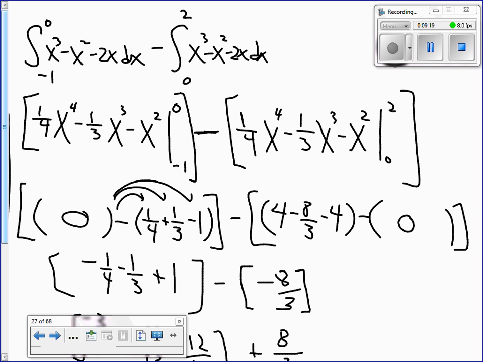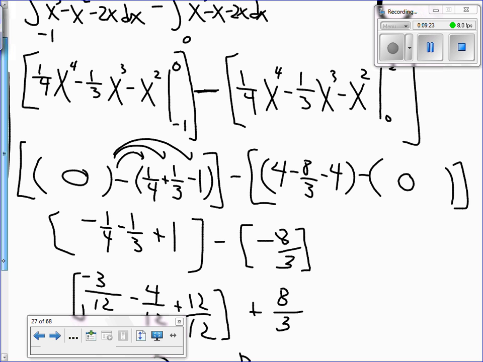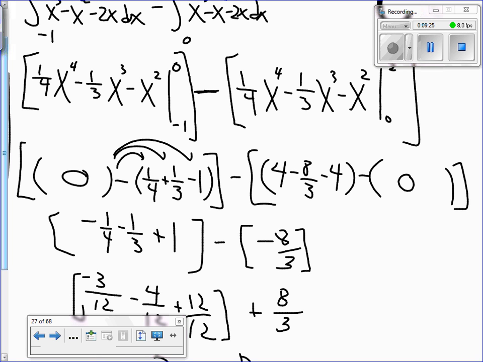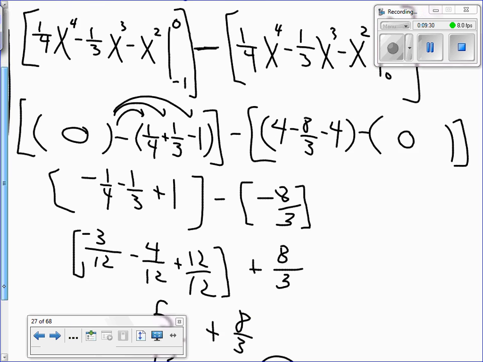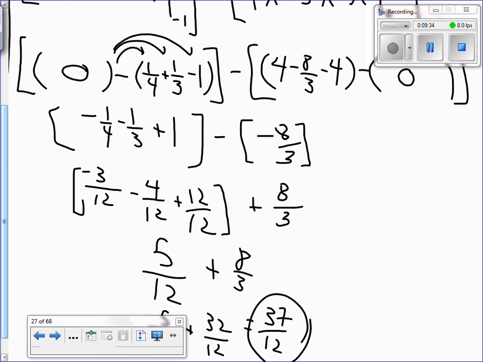So you want to make sure your antiderivative is good. And then each one of these is going to give you the area of each region. So when you work it all out, the first region has an area of 5/12, and the second region has an area of 8/3. And you add them together, and you get the total enclosed area.